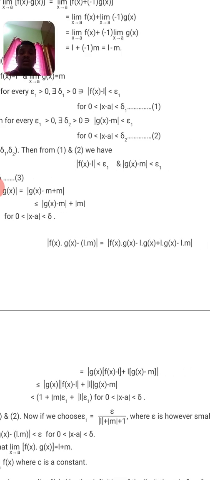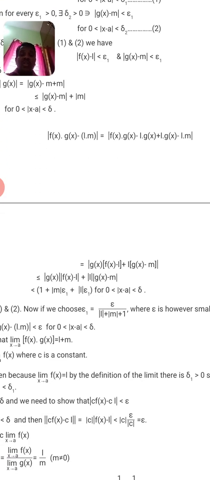Now consider modulus f(x) into g(x) minus L into m. It can be split as f(x) into g(x) minus L into g(x) plus L into g(x) minus L into m.